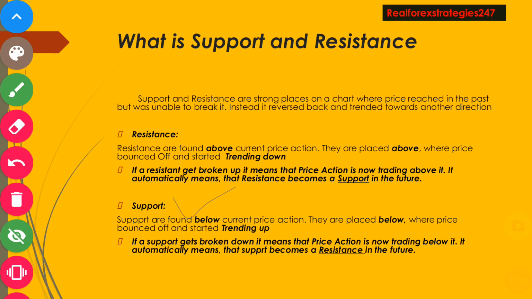I believe you get that. Now, if a support gets broken down, it means that price action is now trading below it. It automatically means that that support becomes a resistance in the future. Now let me go back to my whiteboard and perform the illustration.